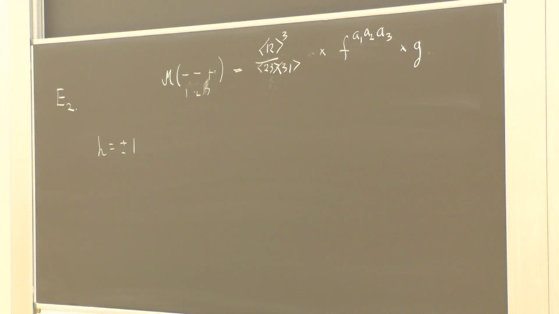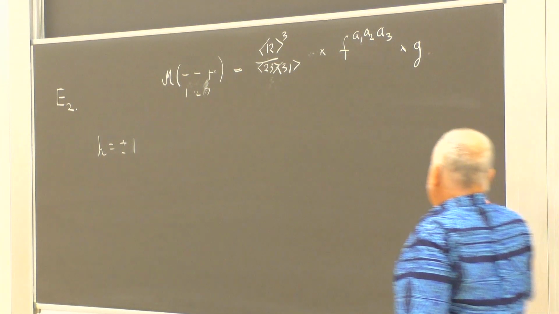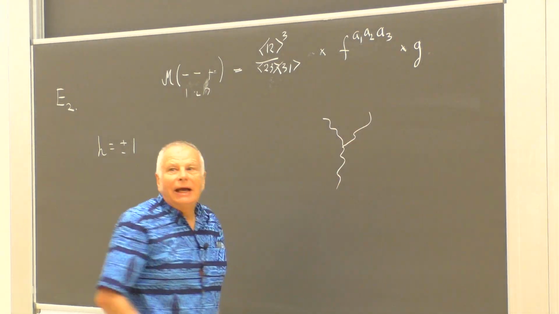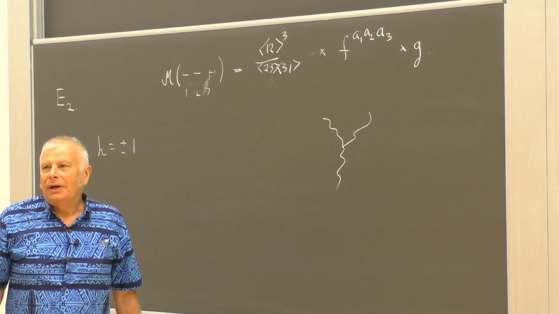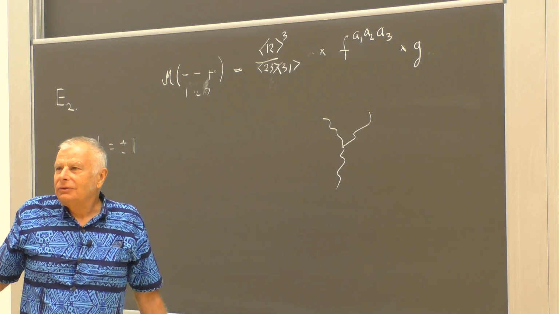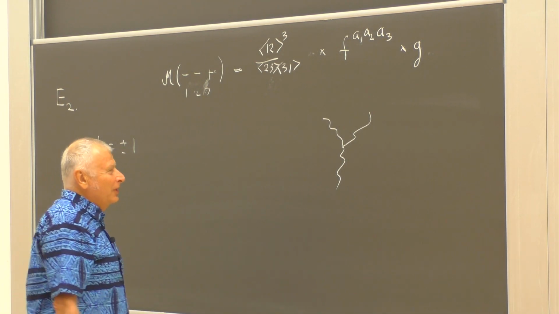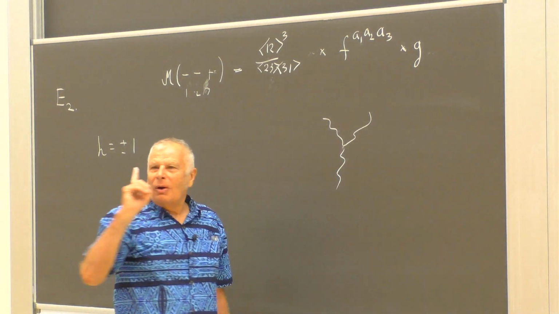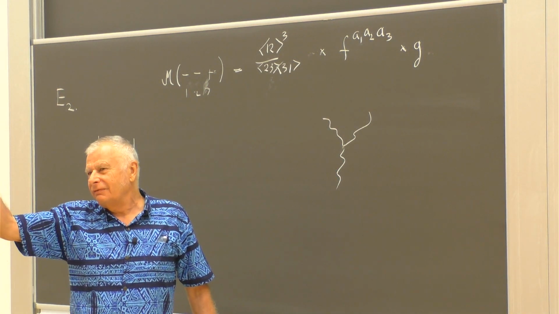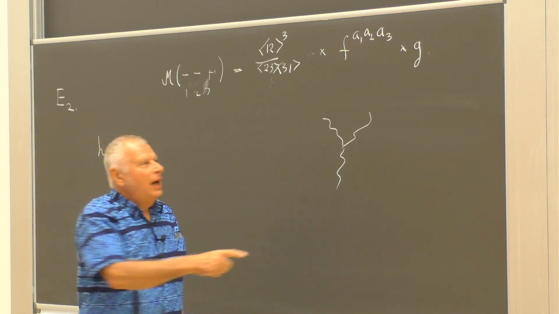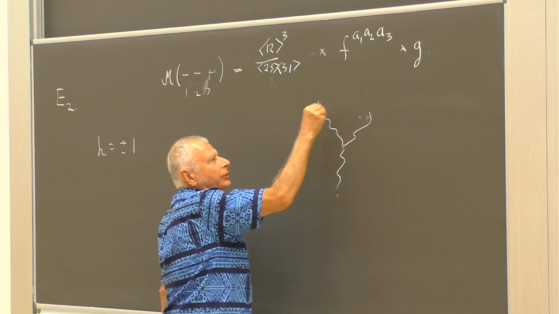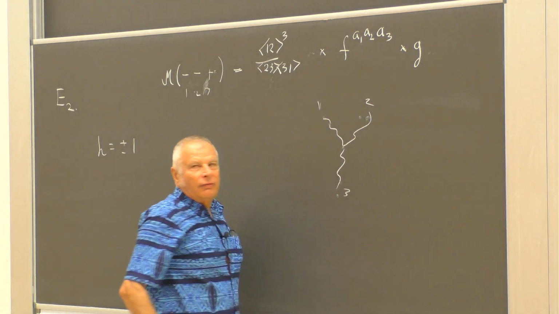So, the tree level. At the tree level, you have just one diagram. Although you took a QFT course, you know that this vertex has one power of momentum, because of the derivative coupling. And there are three polarization vectors which you have to plug in for the three gluons.